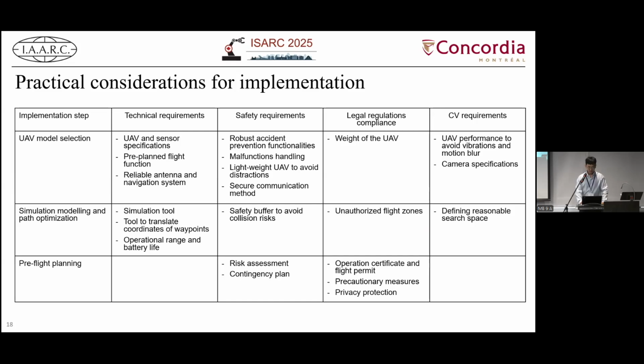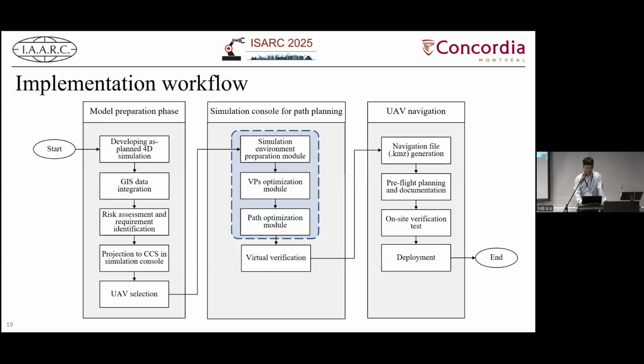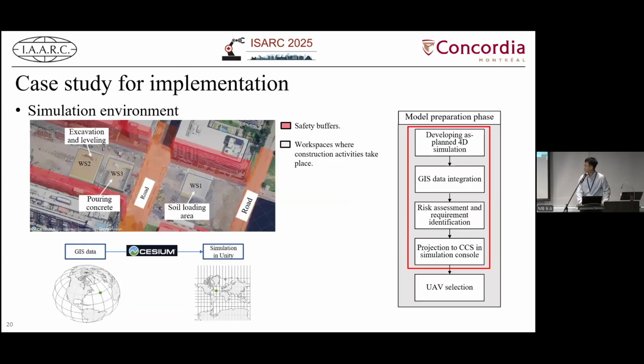So this table lists all the practical considerations that I mentioned before, and I need to mention that there are always connections among them. And here in this figure, I show the implementation workflow, and I will talk about it in some detail in our case study.